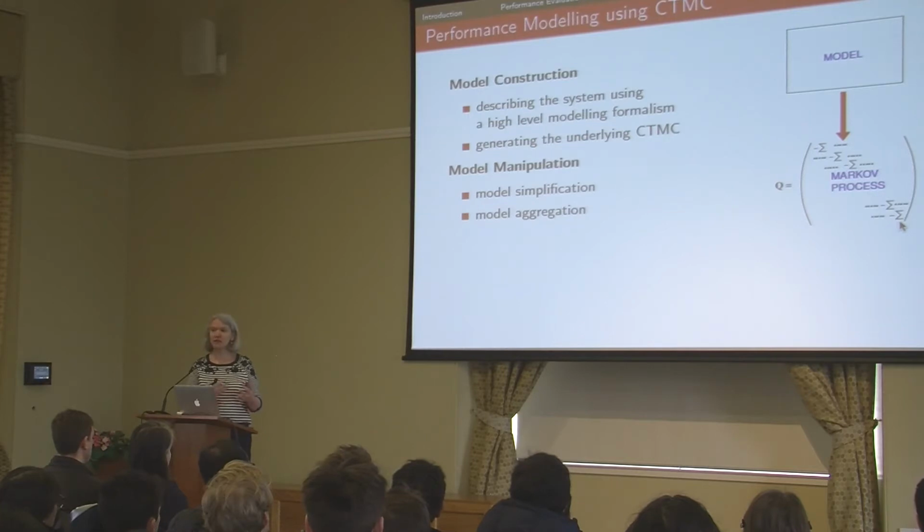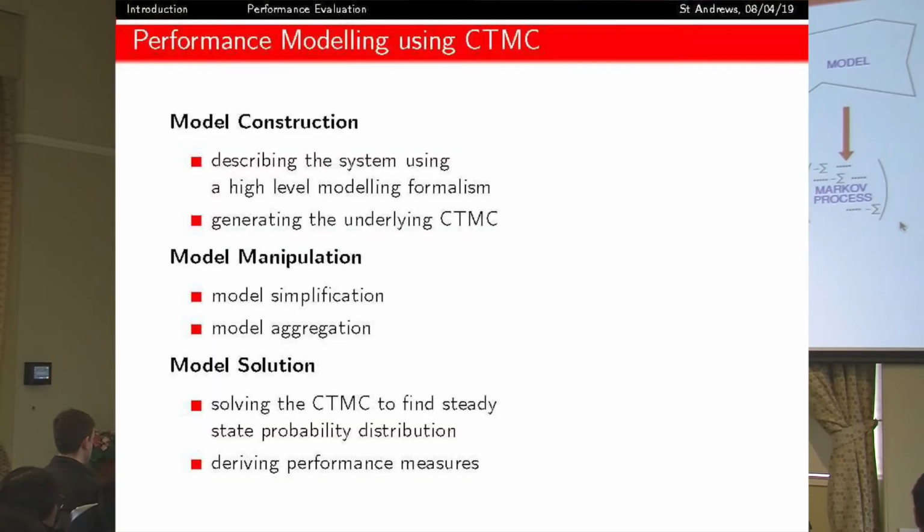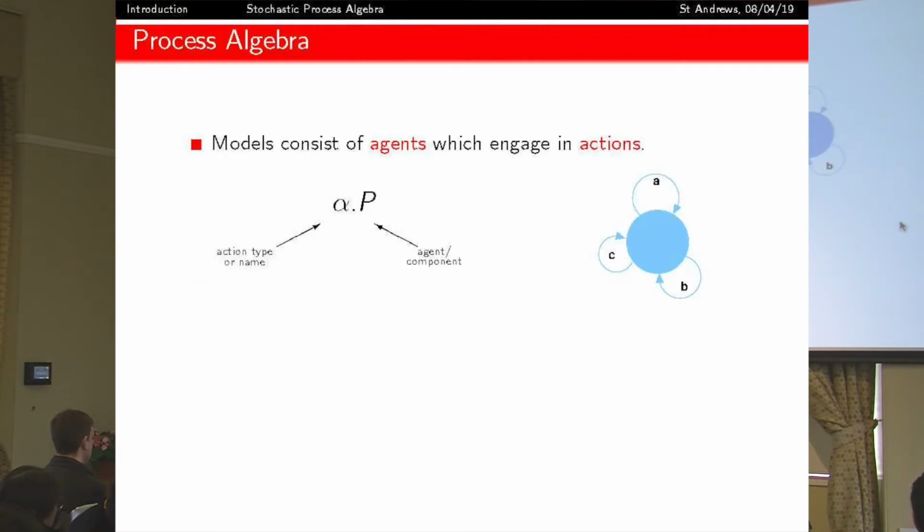And so we carry out various steps that we call simplification or aggregation to actually change our model. So we describe it how we believe it to be, and then we change it mathematically to get something more tractable. And then we go through the solution. Okay, so these are the kind of steps that we're interested in, and so we're interested to see whether a high-level formalism supports those different steps.